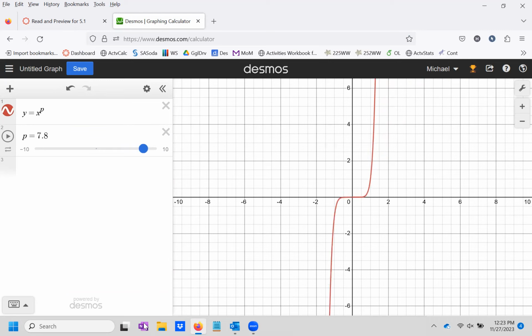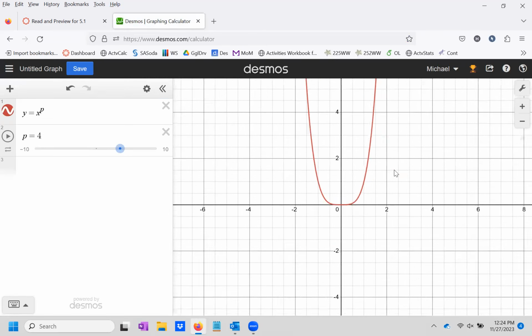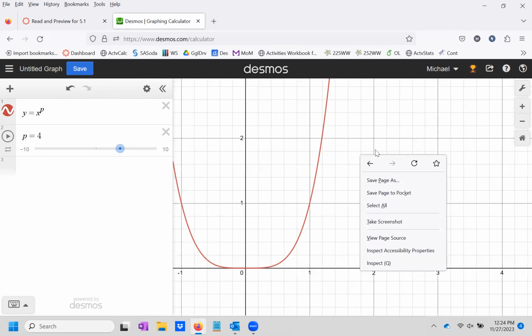If p is a decimal, it looks weird, right? But if p is an odd number like 5, remember we get an x to the 5th power, we have odd symmetry. If p is an even number like 4, we get an even symmetry, okay?